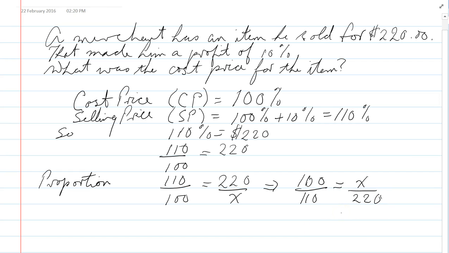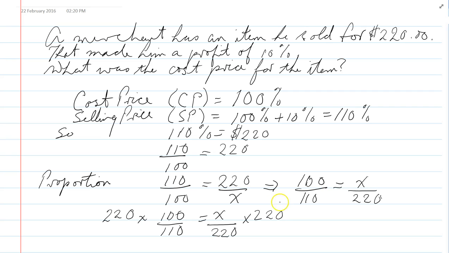So now we can simply solve for x by multiplying both sides by 220. So we get 220 times 100 over 110 is equal to x over 220 times 220.